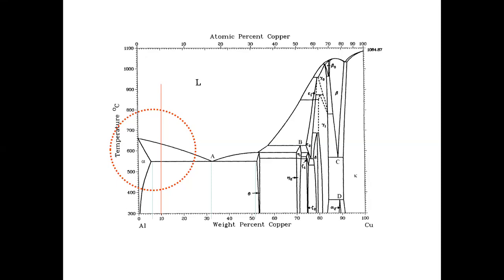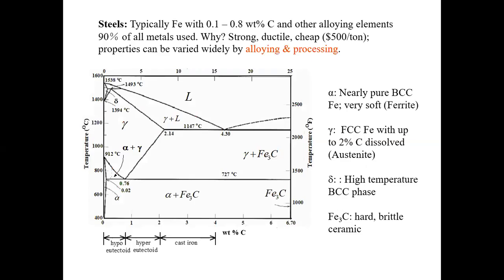Okay, and another system that I want to quickly show you is this one. This is a very small portion of the full steel phase diagram. This is the iron carbon phase diagram. As you can see, even when we look at a very small composition, like this is 0.76%, a very, very tiny amount of carbon added, even less than 1%, you have a very rich phase behavior.